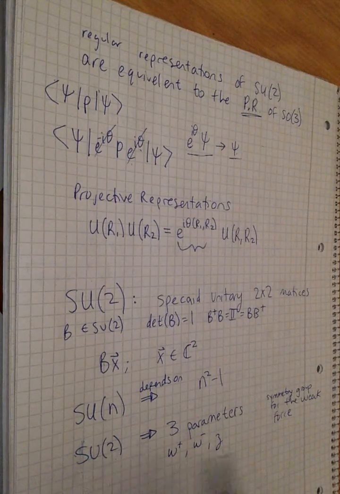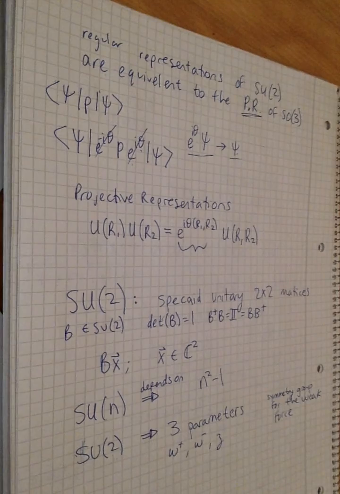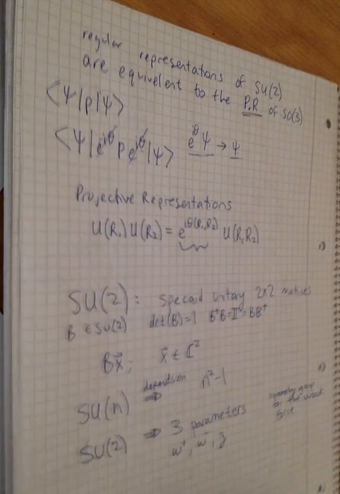Also, SU2 is a Lie group, and it also has a Lie algebra. A Lie algebra is the tangent plane at the identity of the manifold. And since SU2 and SO3 are, I believe, isomorphic at the identity, let me check my wording here.